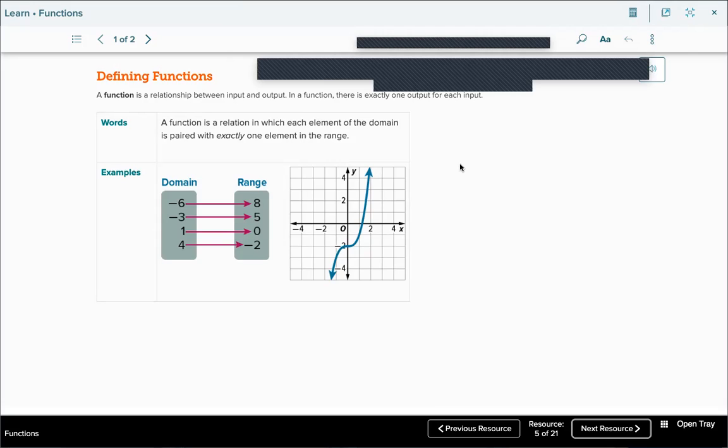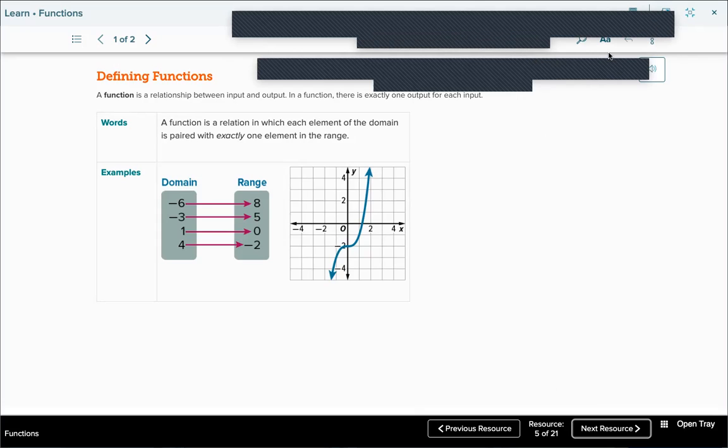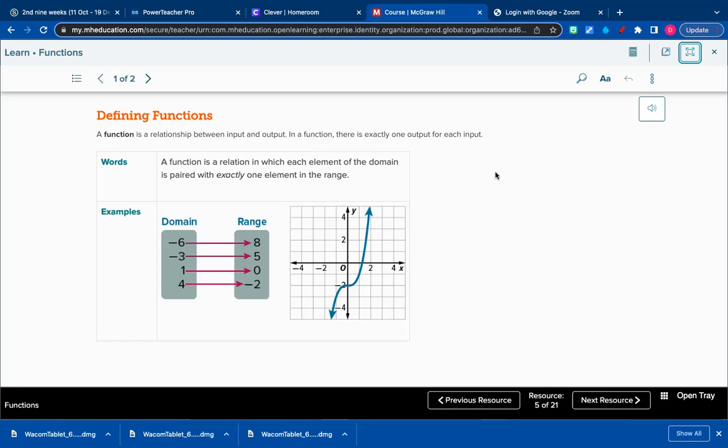I'm trying to draw with my little annotation thing. Hang on, I can't get to it. Okay, so here's our domain right there.